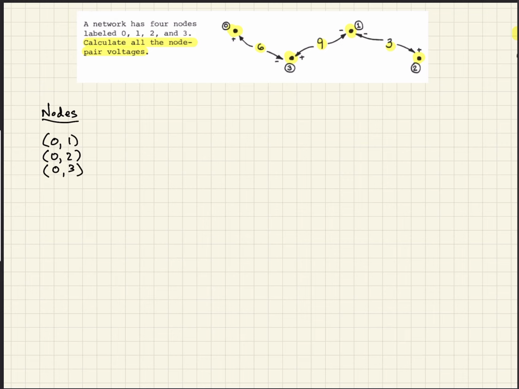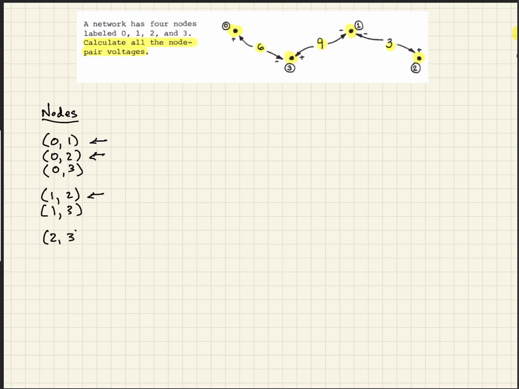So next, we will have node 1. Well, we've already done it with 0 here. Doesn't make sense to do it with itself. So then we'll have 2 and 3 here. And then we'll have node 2. We've already done it with 0. We've already done it with 1. Doesn't make sense to do it with itself.